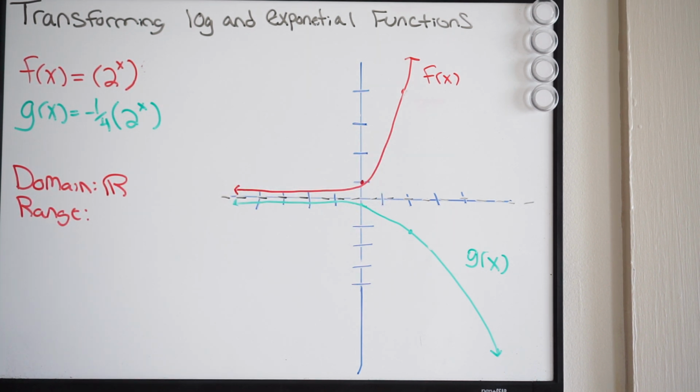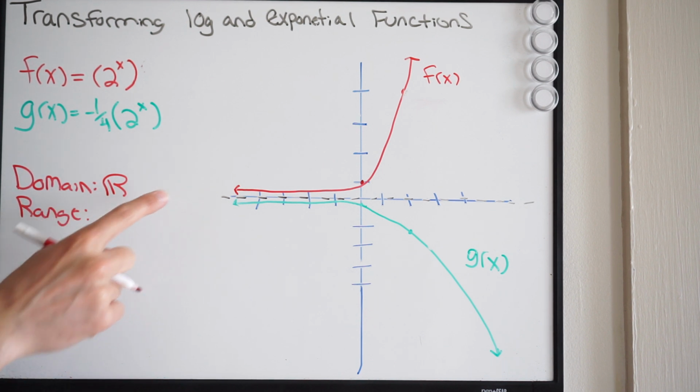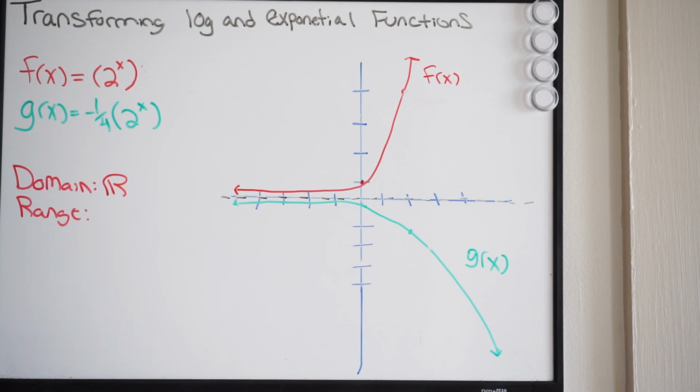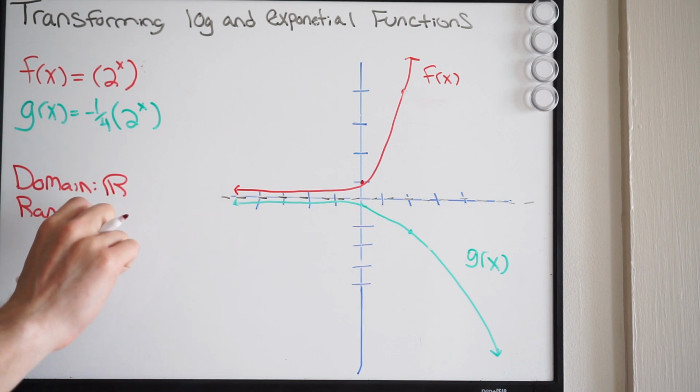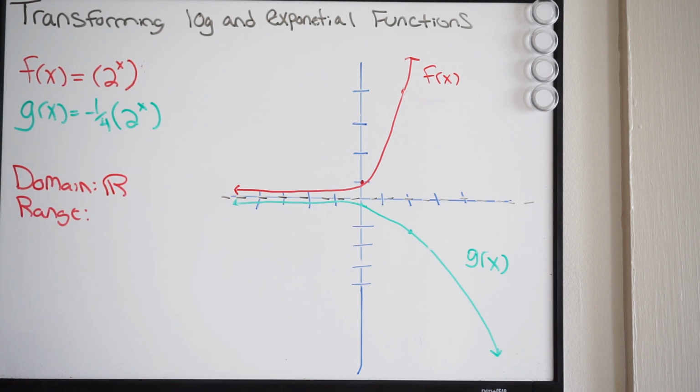But what happens when I draw a horizontal line at 0? Well, it won't hit the function, because that horizontal line is serving as our horizontal asymptote. Remember, it's getting closer and closer and closer to it without actually touching it. So what we can say here, our range is going to be all numbers greater than 0.